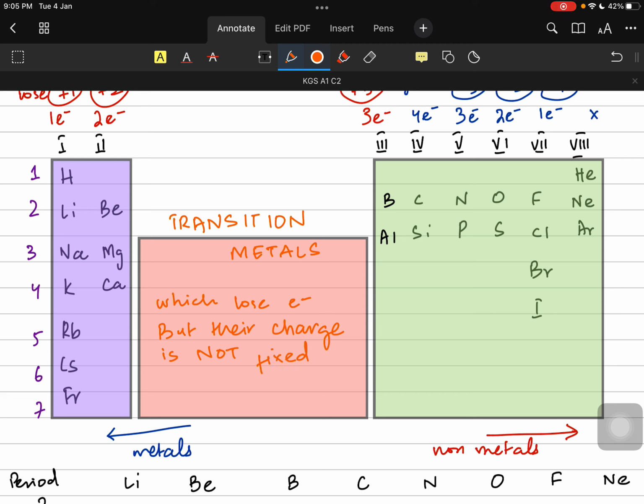They become positive, but they can become different values of plus. They can become plus 2, plus 3, plus 4 or plus 5, etc. It is not fixed for them, but at the end of the day they are metals, so they lose electrons, and they can lose multiple sets of electrons.